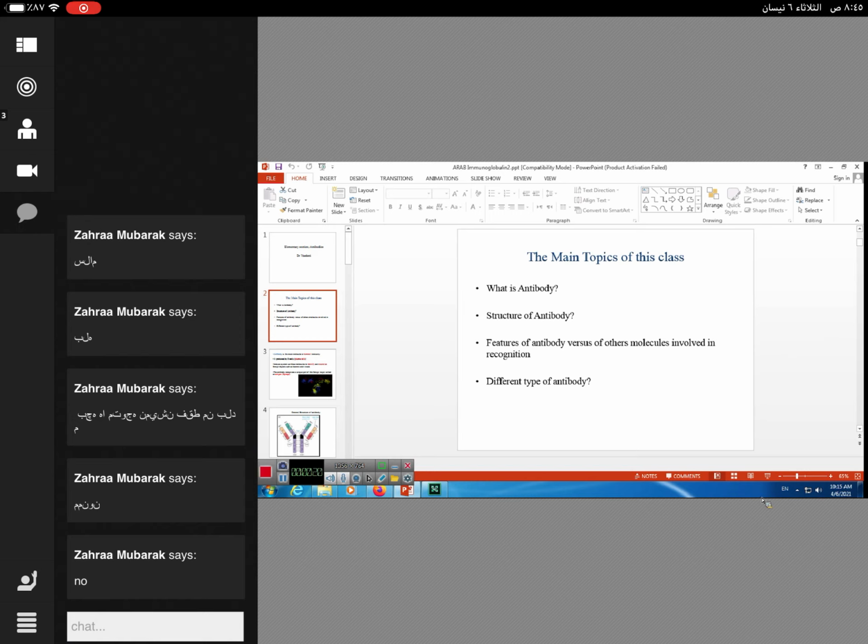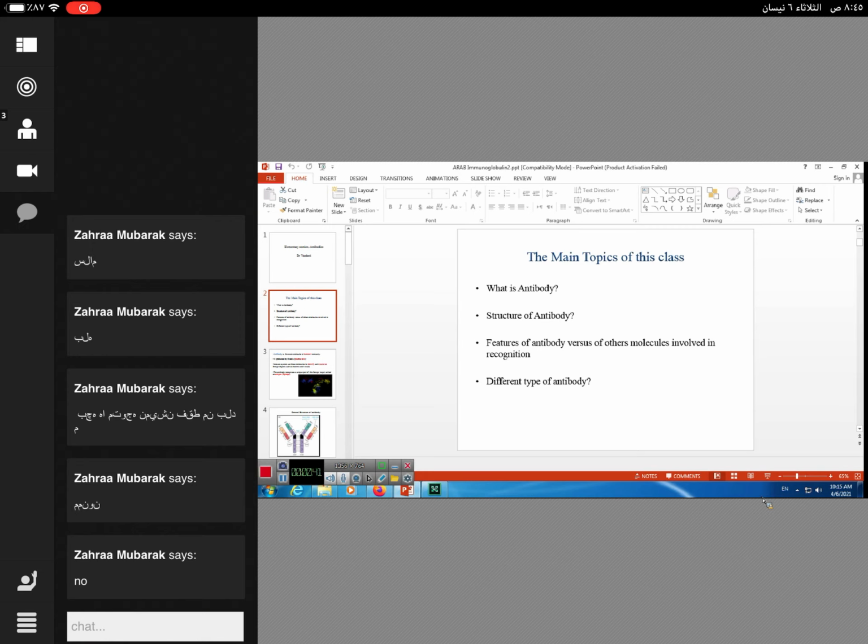The main topics of this class are: what is antibody, structure of antibody, features of antibody versus other molecules involved in recognition, and finally, different types of antibody.